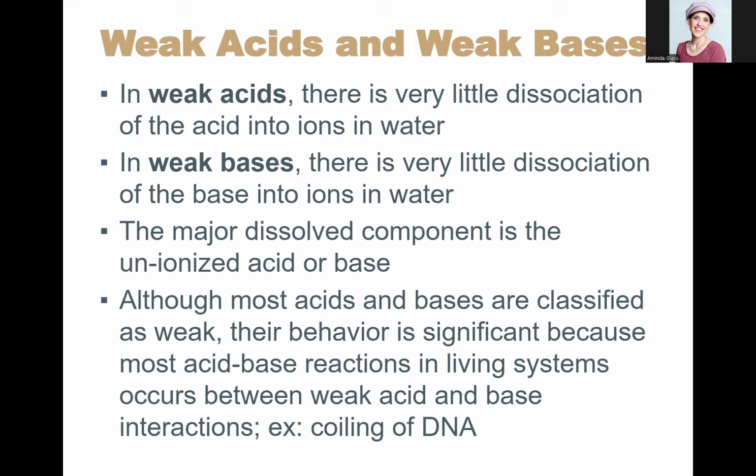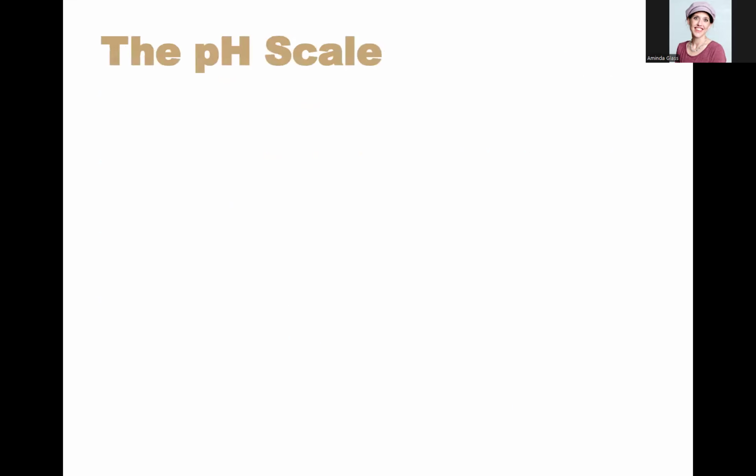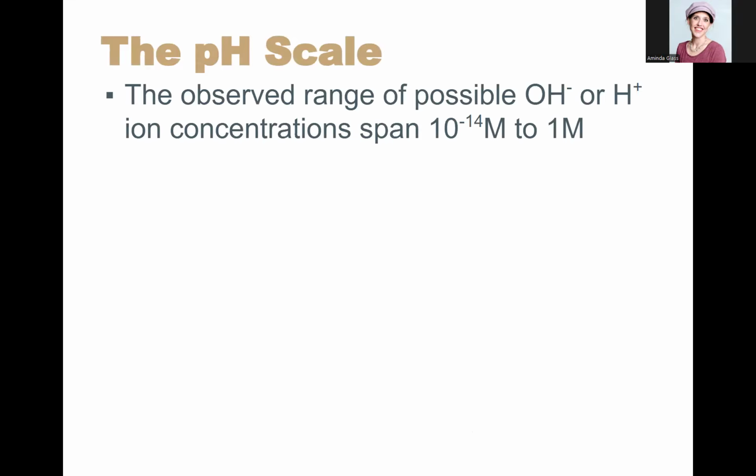And although most acids and bases are classified as weak, their behavior is significant because most acid-base reactions in living systems occur between weak acid and base interactions. So the coiling of your DNA, that happens because of weak acid and weak base interactions. And that coiling of your DNA is really important.